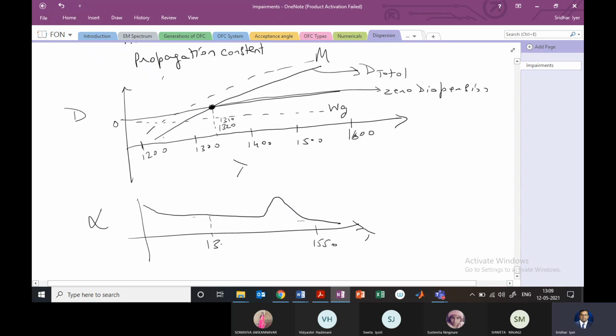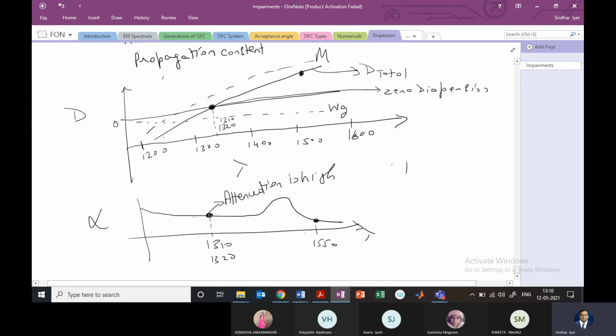Around 1310 or 1320 nanometer, the attenuation is high, however the dispersion is low at 1310. The attenuation is low at 1550 nanometer, but the dispersion is very, very high.